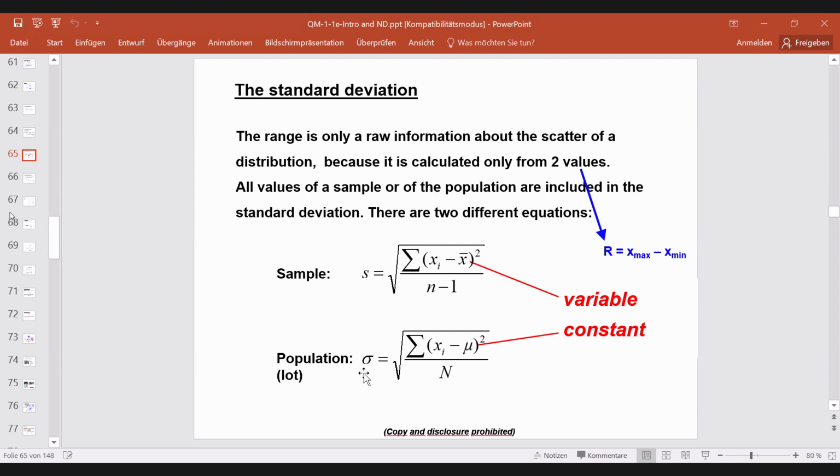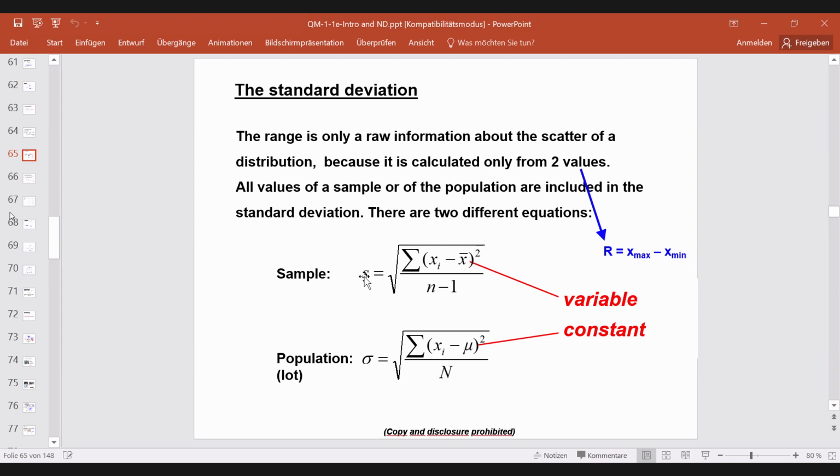Sigma is the standard deviation of a big number of parts. So it is the standard deviation of the lot. This value is constant because the population has only one N and one mu.